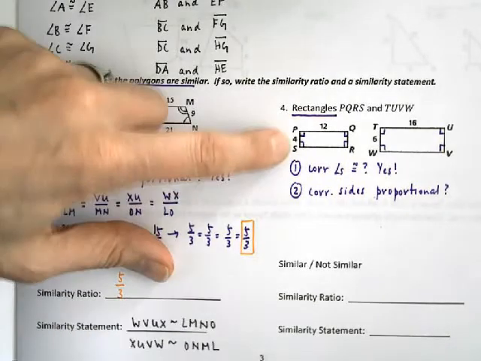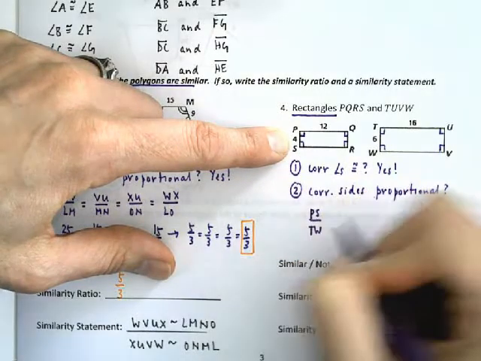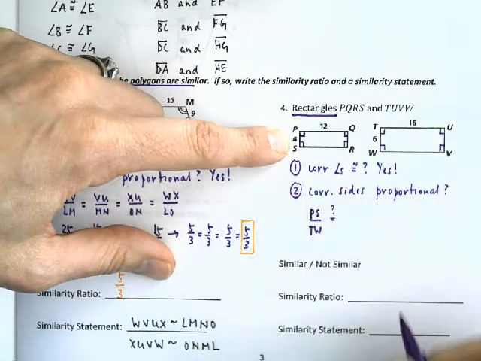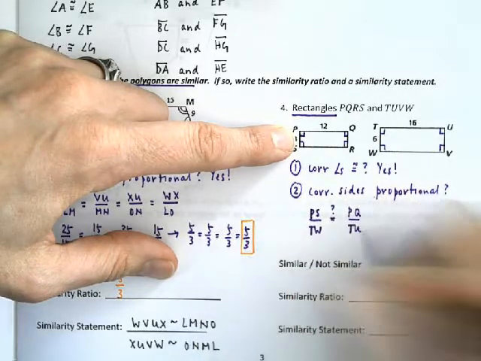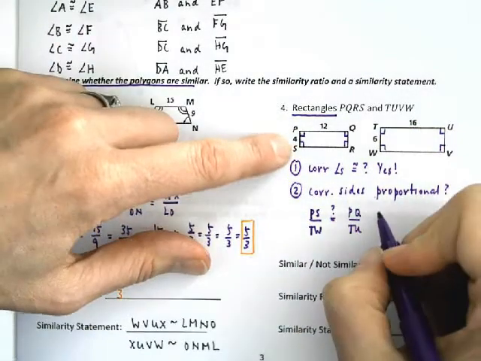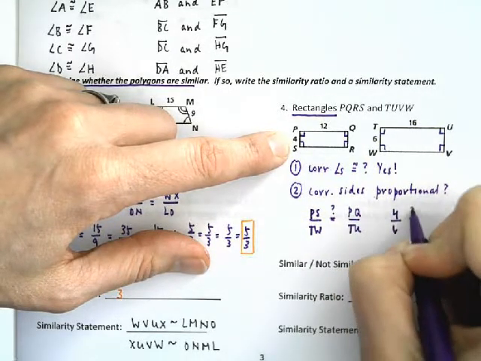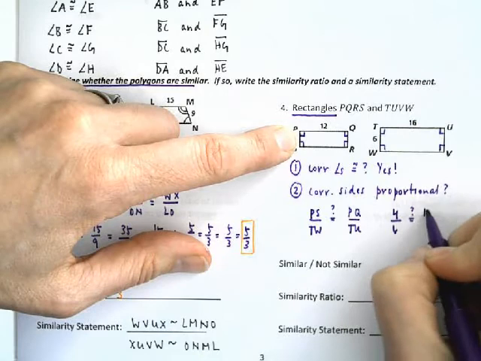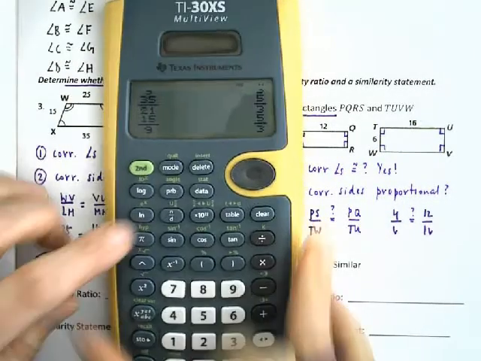So I only know the 2 lengths of 2 sides, so I'm going to compare PS to TW, and I want to know, is that equal to the ratio of PQ to TU? So let's see, PS is 4, TW is 6, and then I have PQ is 12, and this is 16. So let's check those out.